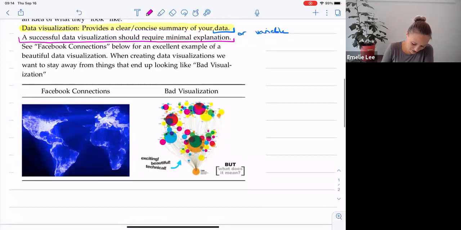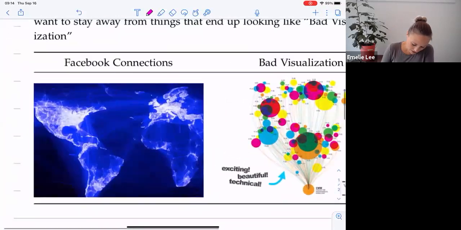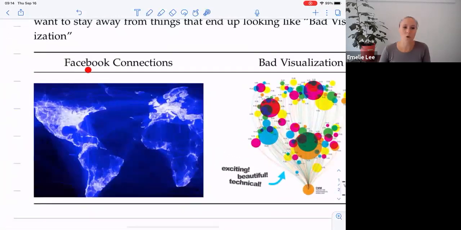What I have here is a fun example. Of course, Facebook, Twitter, Google, they're at the forefront. They've got cool people working on cool data visualizations. Something like this is very nice to look at. This is Facebook connections, an old graph, but it really highlights how simple a visualization should be.